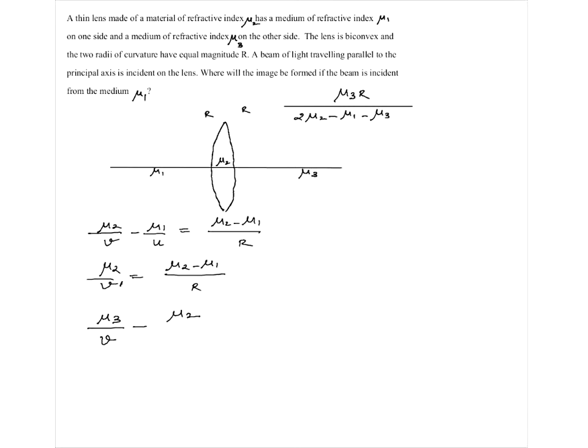What is U? V dash. Then what is mu2? Mu3. What is R? Minus R.